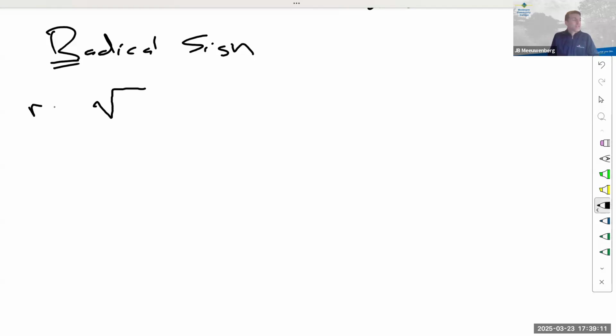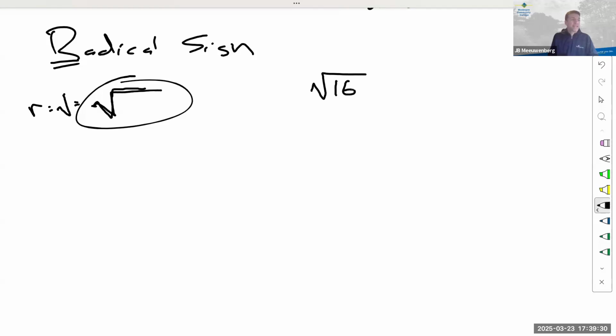R turned into this and then into this, right? You can see sometimes letters evolve into symbols. And so we call this our radical sign. And if we write radical 16, that means the square root of 16, which is equal to 4.